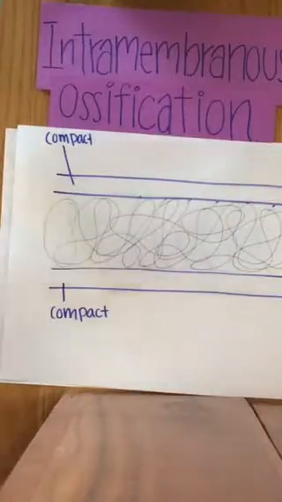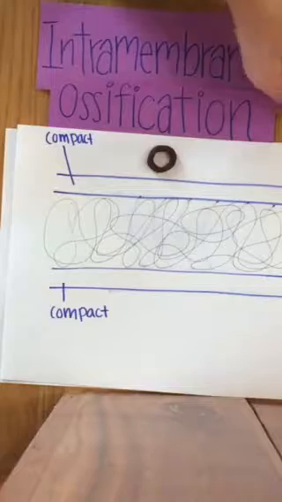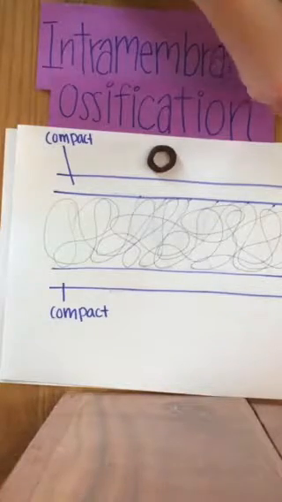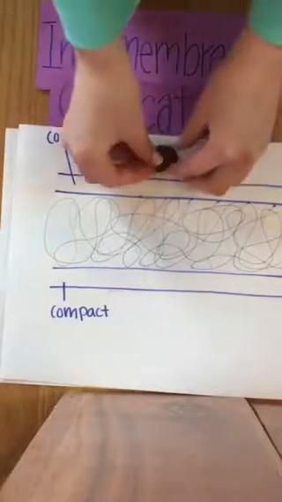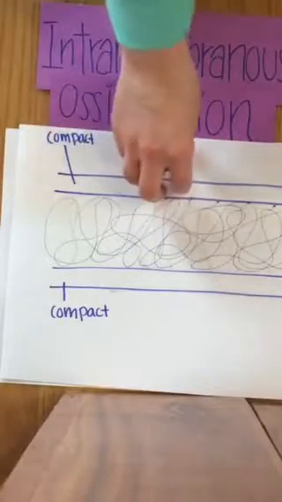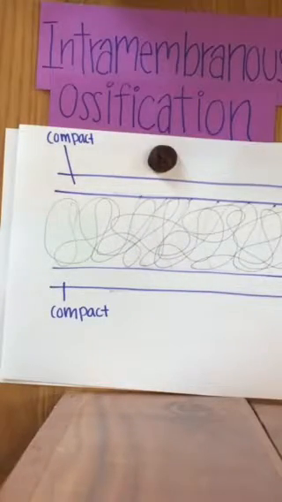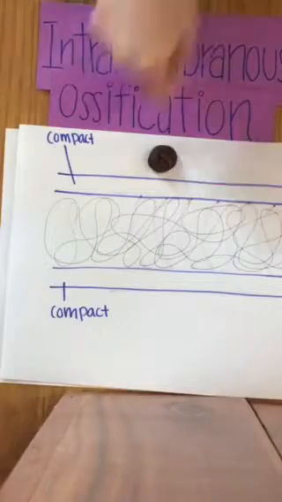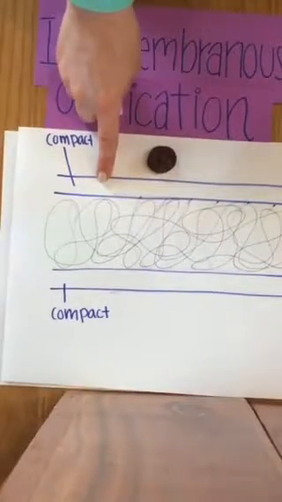Osteons look kind of like circles, all stacked into each other. And these osteons are building blocks for this compact bone that I'm showing you here.